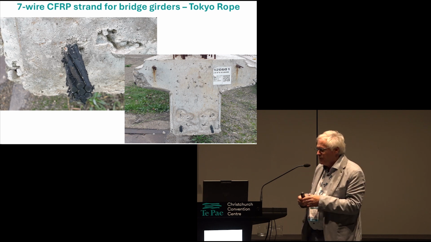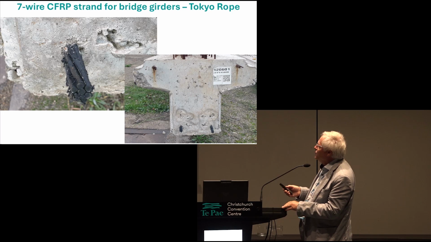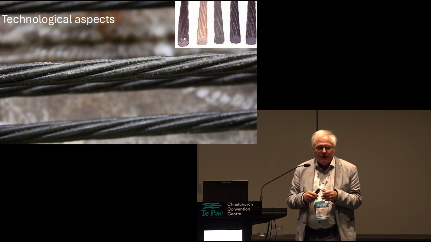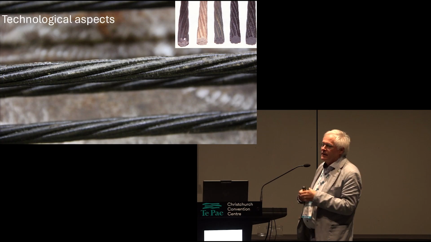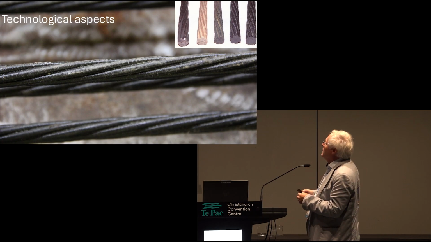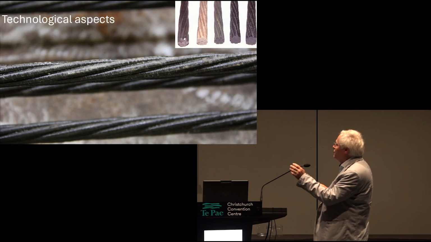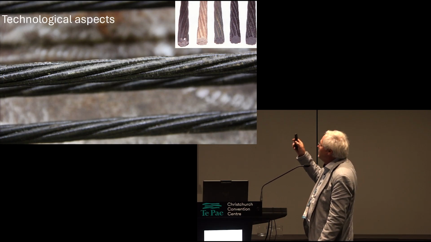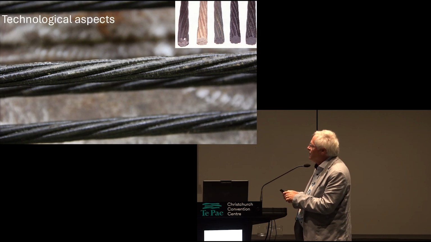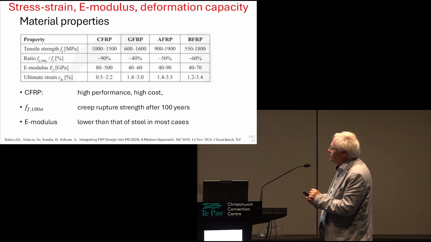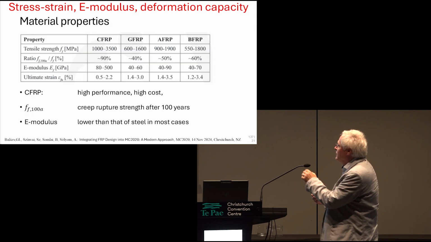So the most promising applications are in pre-stressing. First I would like to explain some technological aspects, modeling aspects and some future work as well. You can see in the top right photo steel, aramid, and different compositions of carbon fiber pre-stressing strands. Let's take some important material characteristics first.